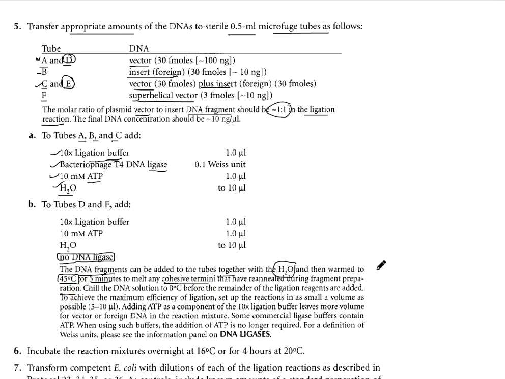So what you have to do is warm the DNA at 45 degrees centigrade, then chill it at 0 degrees centigrade, and then add it to the mixture. Understood?